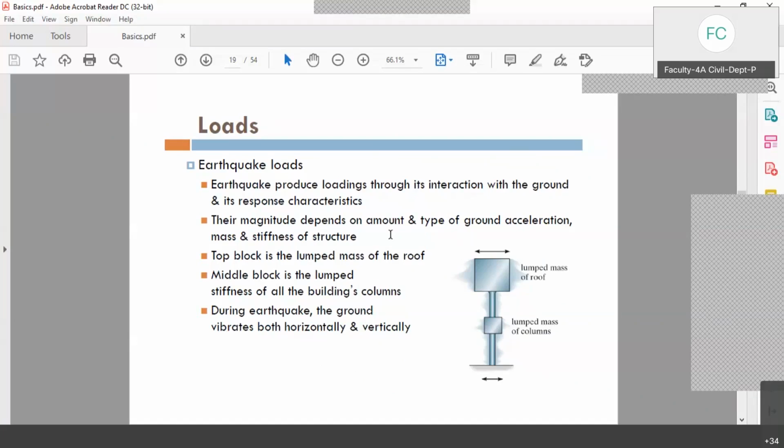Because of the earthquake, that load is produced, and those loadings have an intensity in terms of the ground motion as well as the response characteristics, and the magnitude depends upon the amount as well as the type of that particular ground acceleration. So to study it, basically IS 1893 is the best.